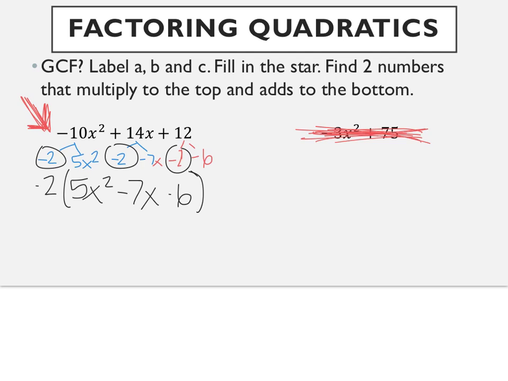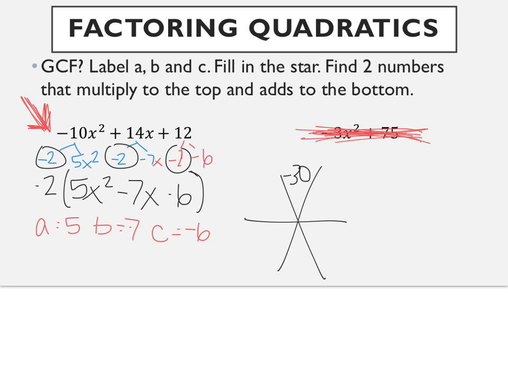Alright, so labeling A, B, and C. A is 5, B is negative 7, and C is negative 6. So the star, I'm going to use all this room over here. So A times C on top, so that's negative 30. 5 times negative 6.